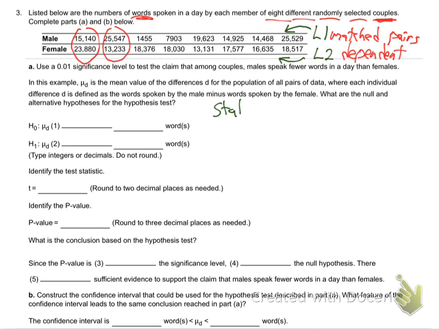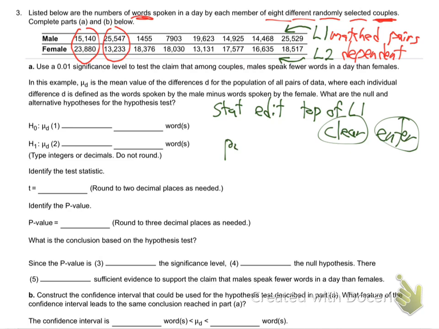You hit Stat, Edit, go to the top of L1 and hit Clear and Enter, and then put the L1 data in, and L2 do the same thing.